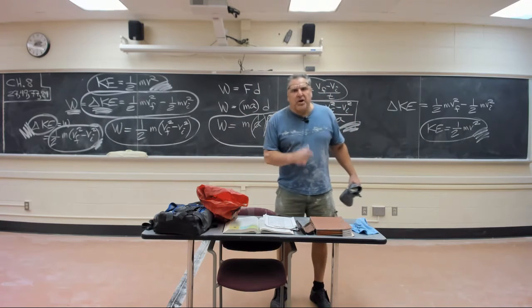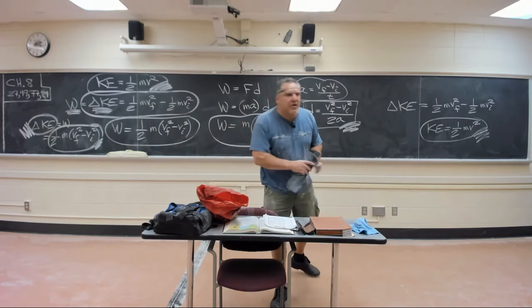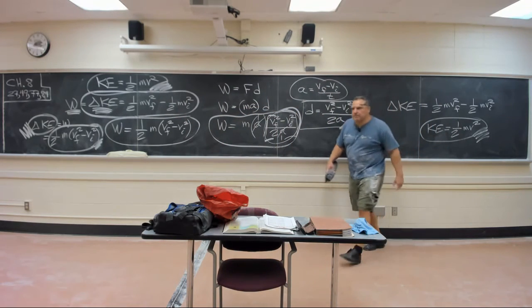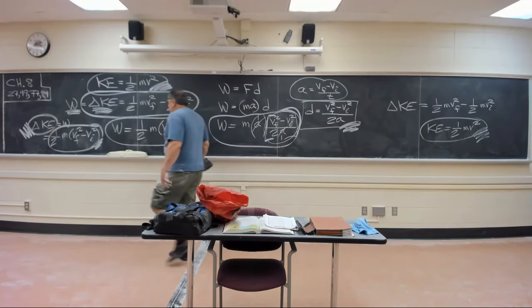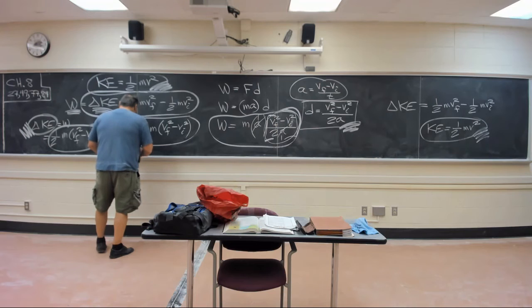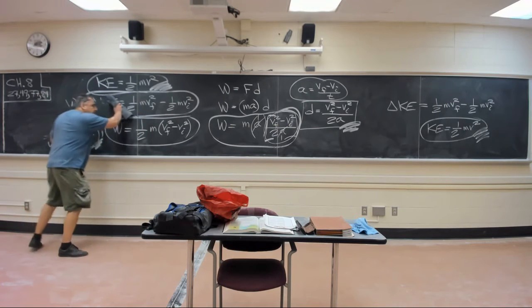So if you let the spring go, like in a dart gun, if you turn the spring loose, what happens? All that potential energy goes into kinetic energy. 1/2 mv squared. So let's talk about it. Let's say a few things to have this thing pretty much there for us, and then we'll take it from there.